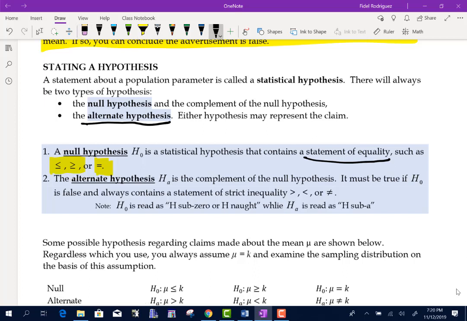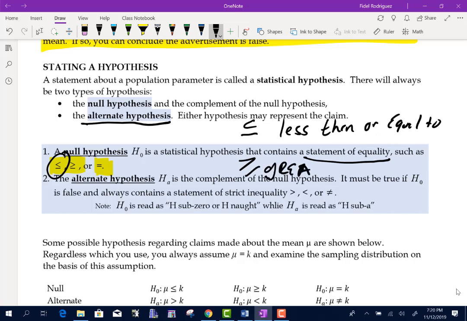Now, the alternate hypothesis is going to be the complement of the null. So this one right here is going to be less than or equal to, and this one here is greater than or equal to.